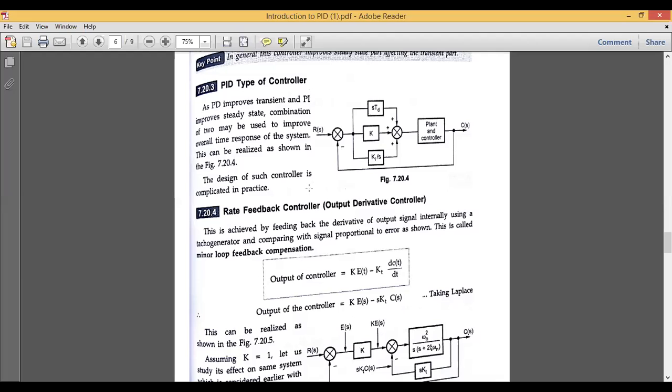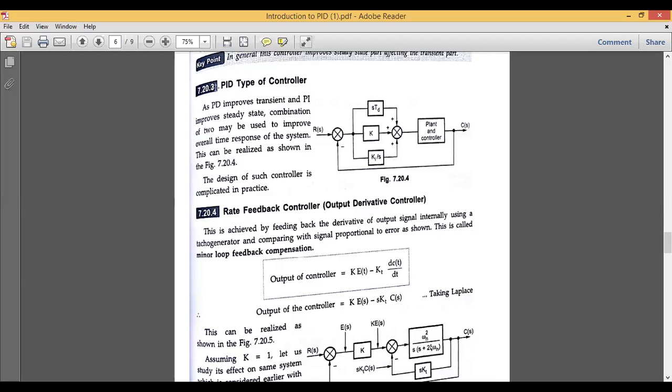Now basically what is this PID controller? It is a combination of proportional, integral and derivative. You can see the three letters P, I and D. I cannot construct a controller which is only integral, nor can I construct a controller which is only derivative.